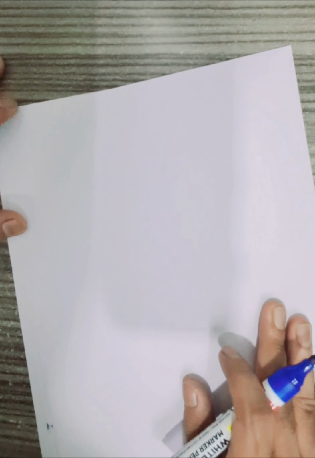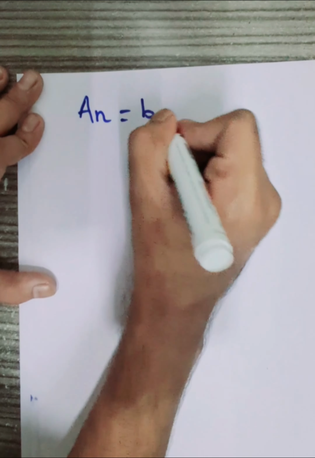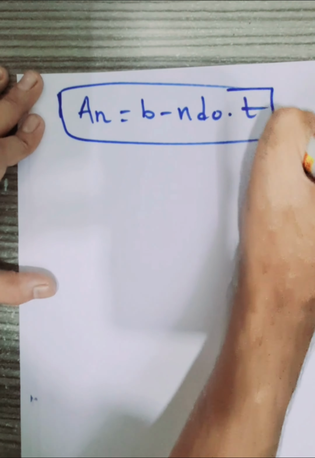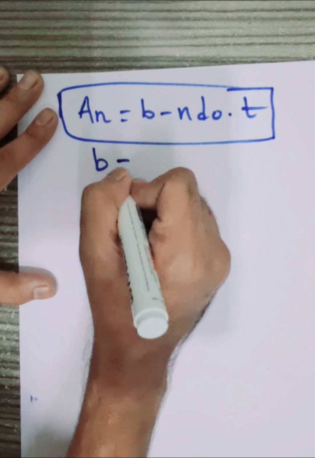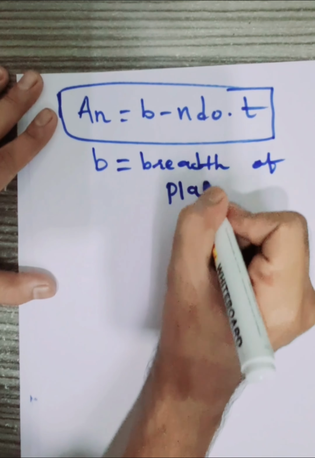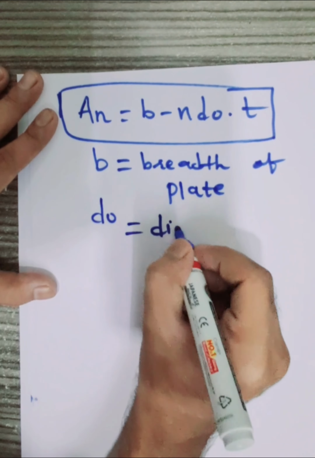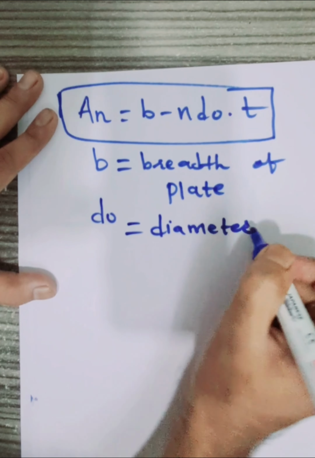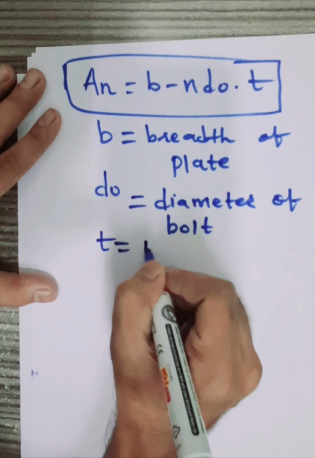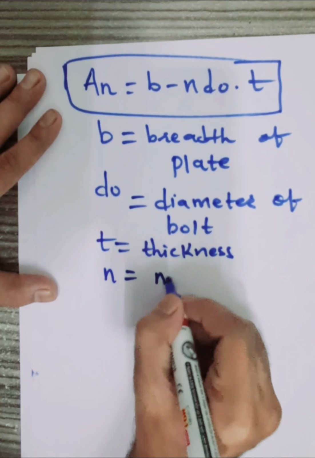For that AN we have one more formula: AN is equal to B minus N D naught into T. B is your breadth of plate. D naught is the diameter of bolt hole. T is thickness, and N is the number of bolts.